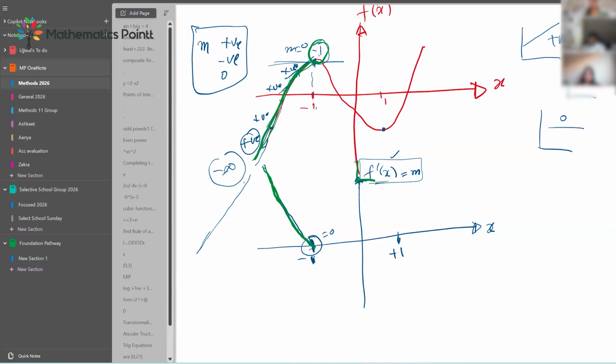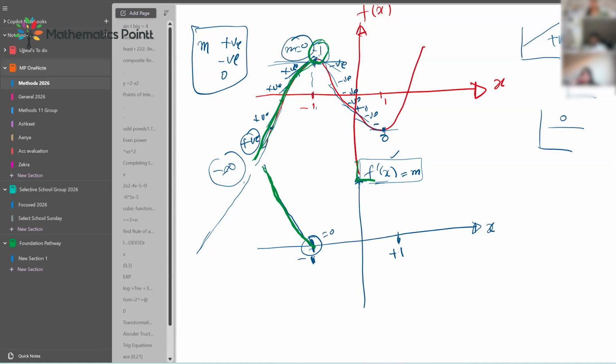Now what happens the moment I cross -1 until this point, which is 1? Let me draw the tangents. Tangents become negative, negative, negative, extremely negative, eventually less negative, and 0. Let's replicate this here.